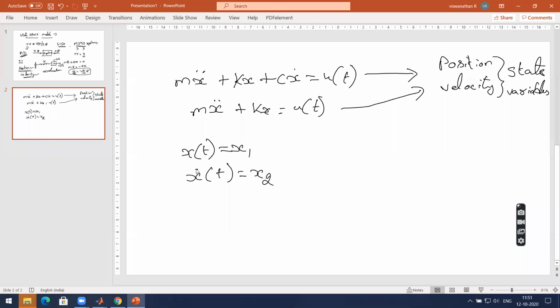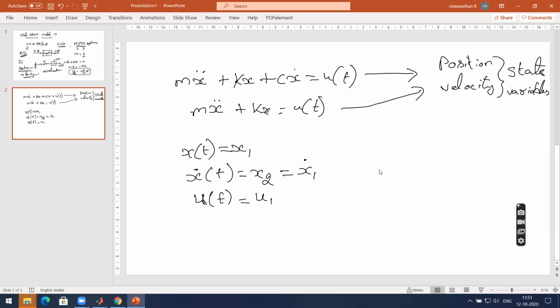So x dot of t is equal to x2, which is also equal to what in terms of x1? x1 dot. Now u of t is what? The input force. I'll write it as u1. I'll tell you why we are doing this.